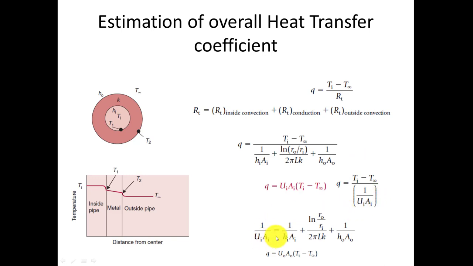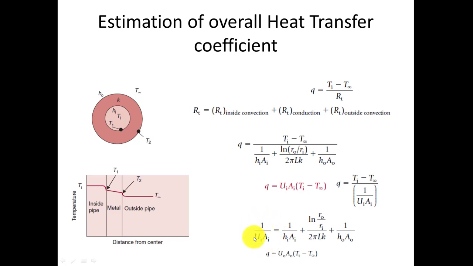So 1 upon Ui Ai will also be equal to the value that has been shown here: 1 upon Hi Ai plus natural logarithm of Ro by Ri divided by 2 pi Lk, plus 1 upon Ho Ao. So this is the case when we are considering the inside area of the pipe.